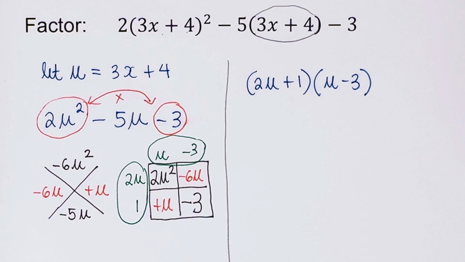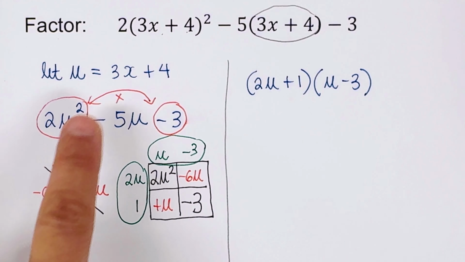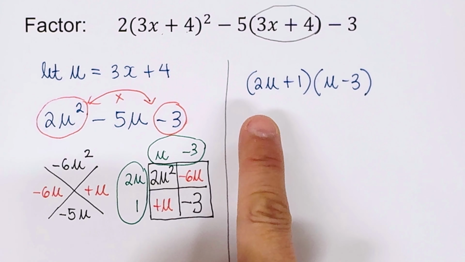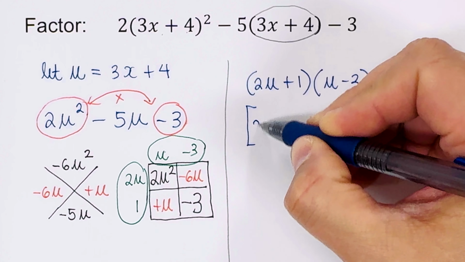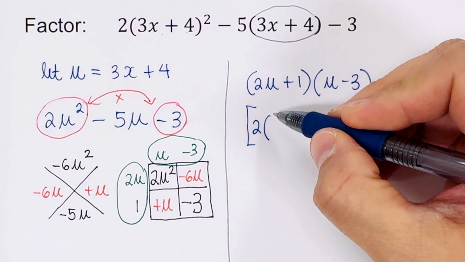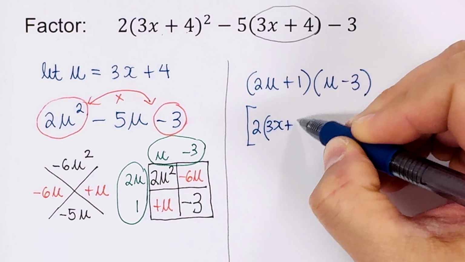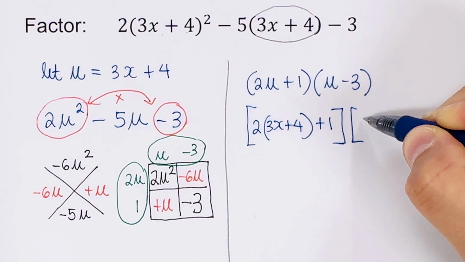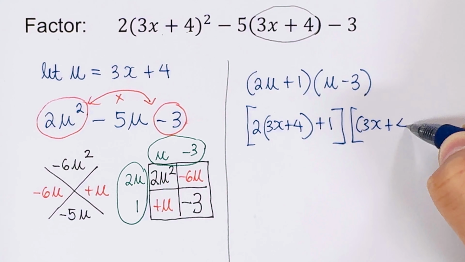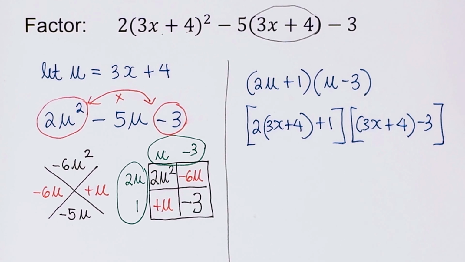Now, since we say that our u is 3x plus 4, we're going to plug it back into the u so that our equation would come out to, again, our u is 3x plus 4. We have a plus 1. And then again, our u is 3x plus 4, and we get a minus 3. So we go ahead and simplify this further.